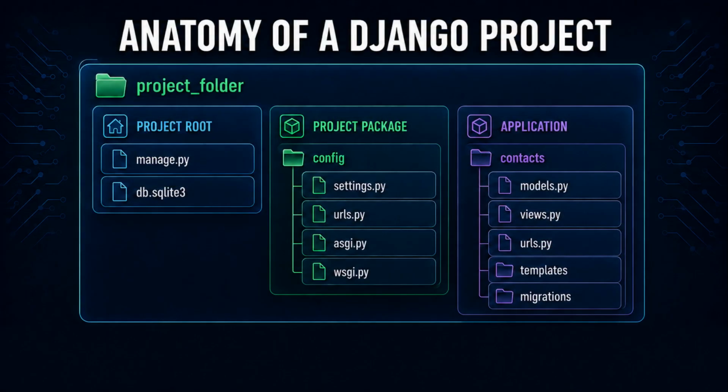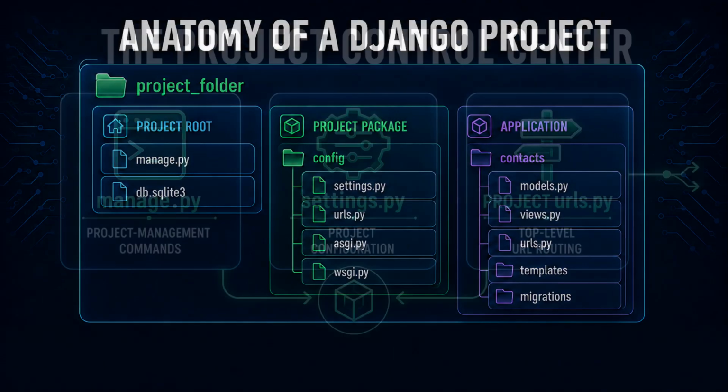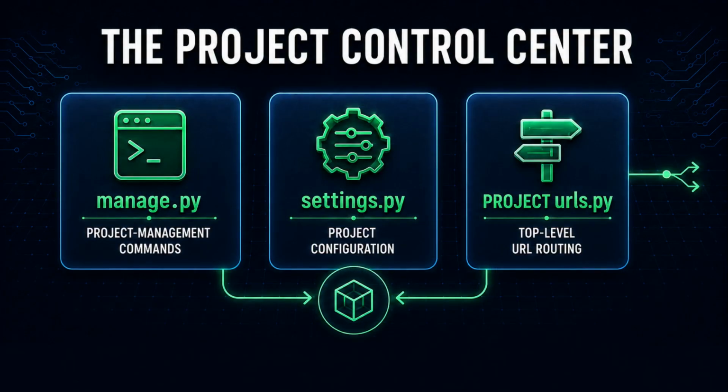Here is a simplified map of a typical Django project. At the top level, we have the project management utility, our demonstration database, the project's configuration package, and one or more application folders. The exact names can vary, but this overall organization will look familiar in most Django projects. The manage.py file gives us access to project management commands.